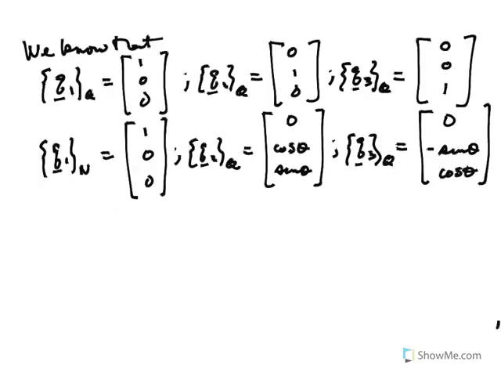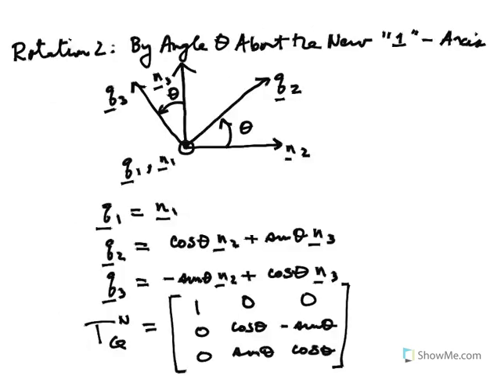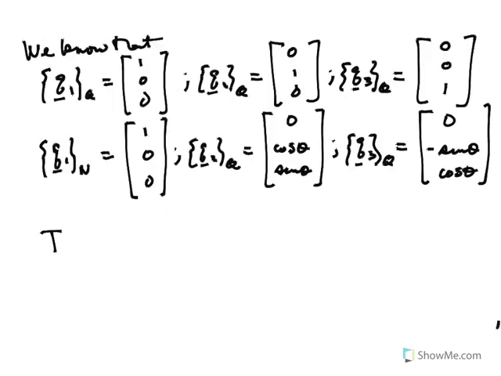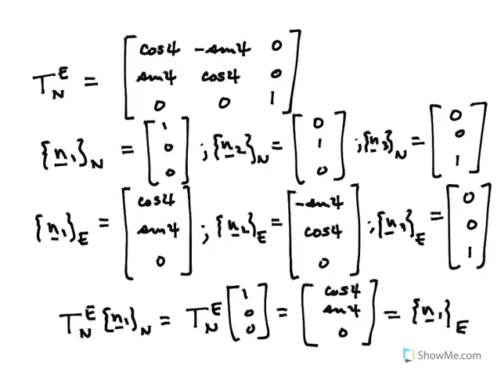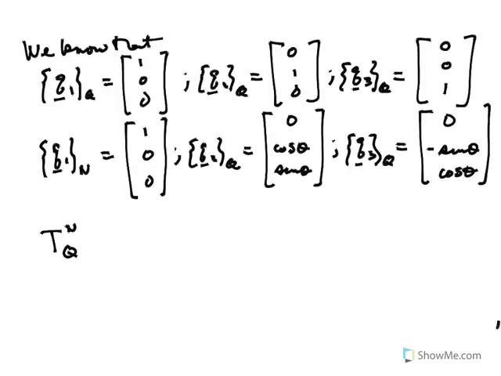And so if we were to take the vector, let's go back and see how we did this before. You see we did this exact same thing, right? In this case we're doing the transformation from Q to N. If I multiply that by Q1, we've got Q1 expressed in Q. That's equal to T_Q-to-N multiplied by 1, 0, 0.